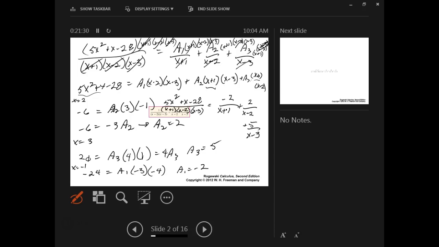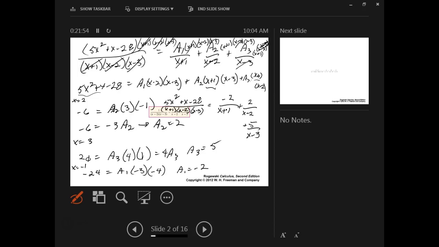Hey, that looks a little simpler than this, especially if I was trying to integrate this. I would have a hard time integrating that. But guess what if I tried to integrate this?